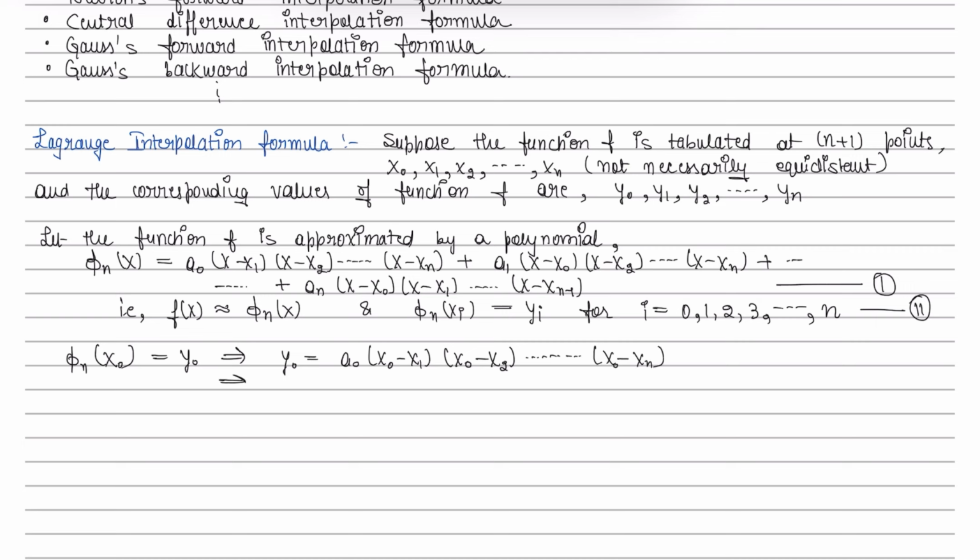From here we can find the value of a0, which will be y0 divided by (x0 minus x1)(x0 minus x2) so on to (x0 minus xn).